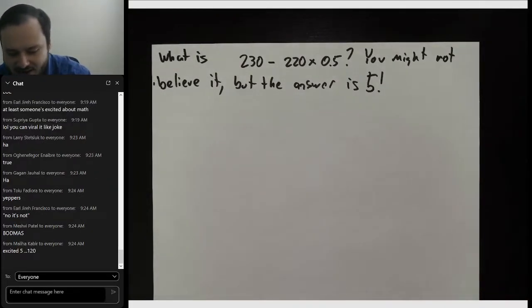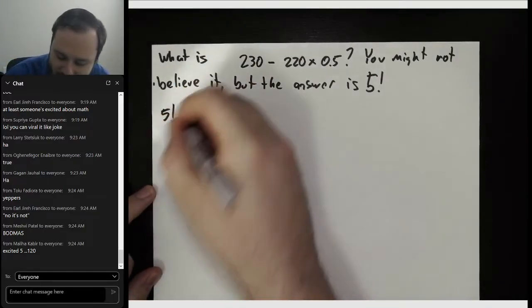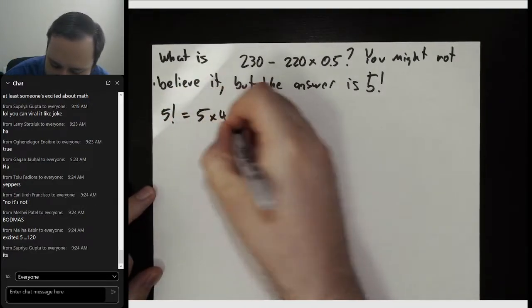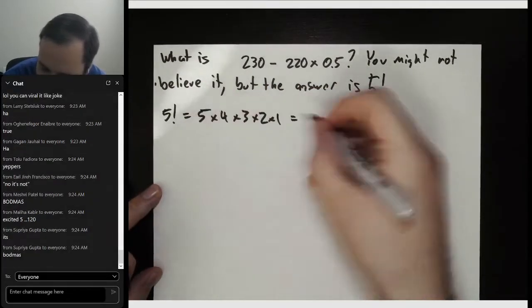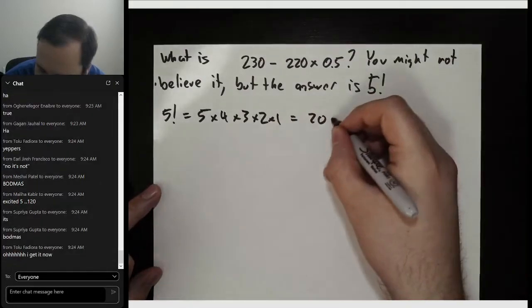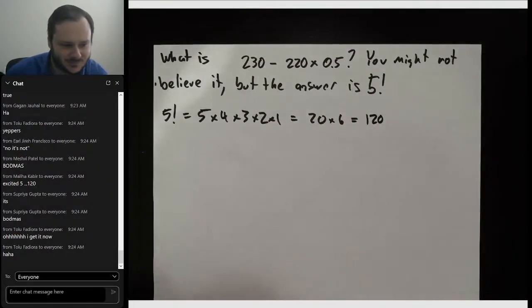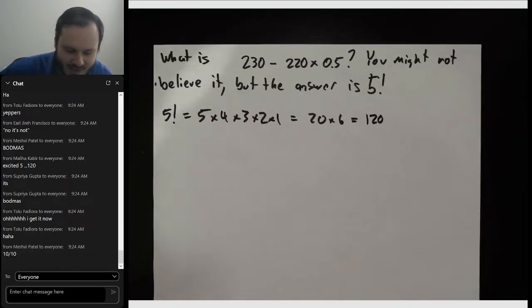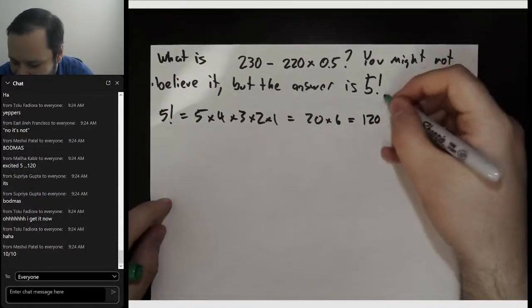Because 5, I didn't say the answer was 5. I said it was 5 factorial, which is 5 times 4 times 3 times 2 times 1, which is 5 times 4 is 20. 3 times 2 times 1 is 6. It's 120. So, you may not believe it, but the answer is 5.